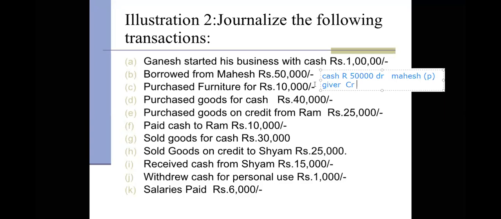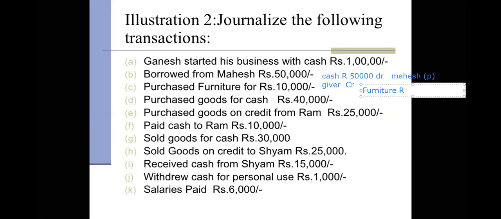Your next entry is: purchased furniture for rupees 10,000. So there are two things, and one is furniture. Furniture is your asset, it is a real account.